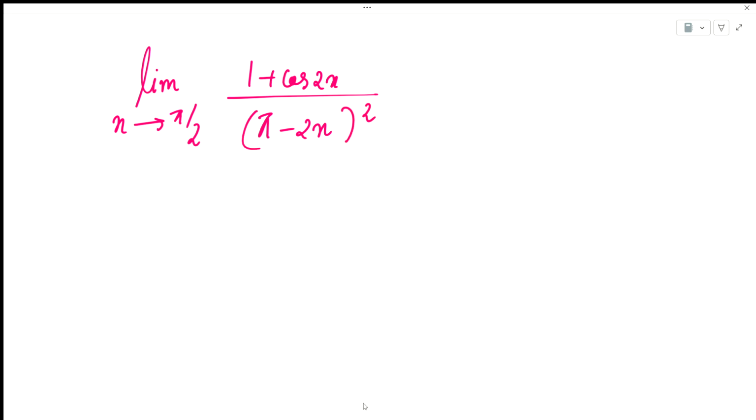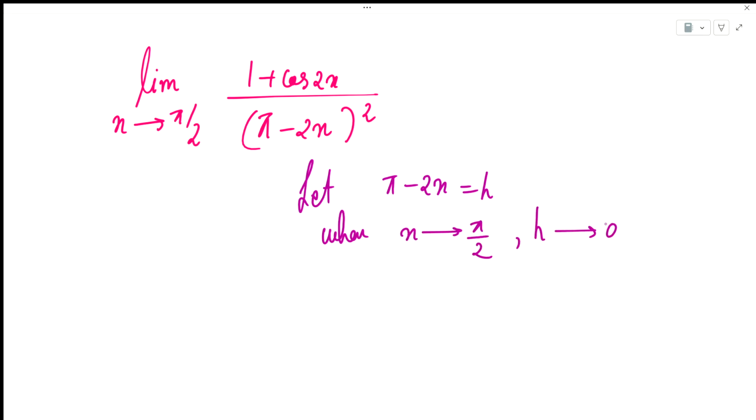So what I am gonna do is, again I'm gonna substitute the denominator as h. So let pi minus 2x is equal to h. So when x tends to pi by 2, h will tend to 0, right?